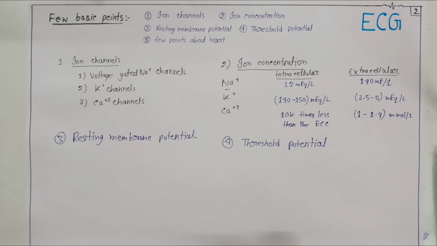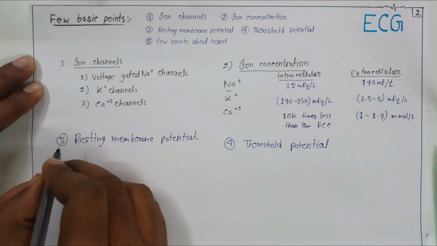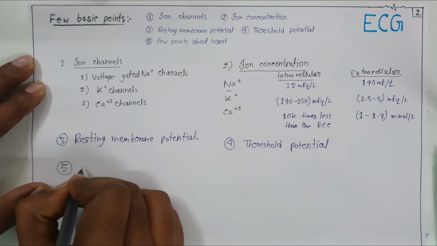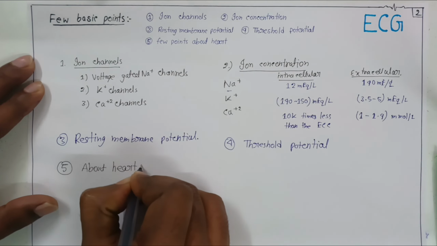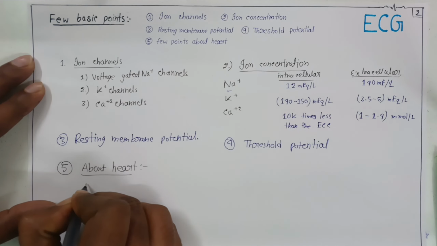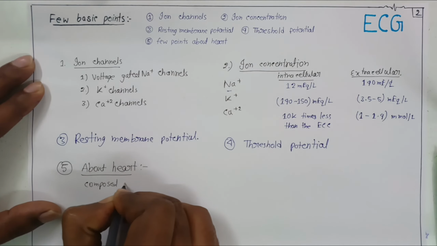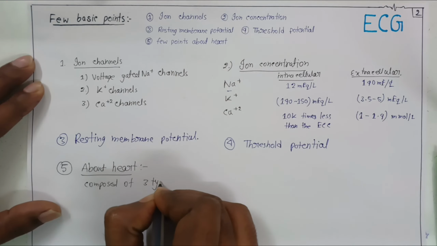Our heart is composed of three types of cardiac muscles, three types of cells.